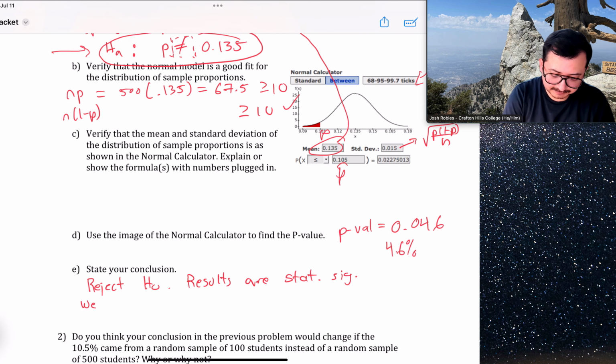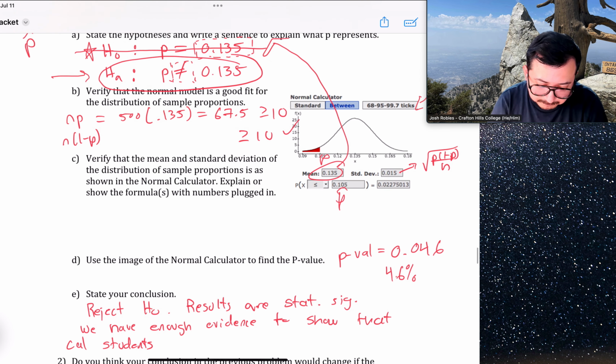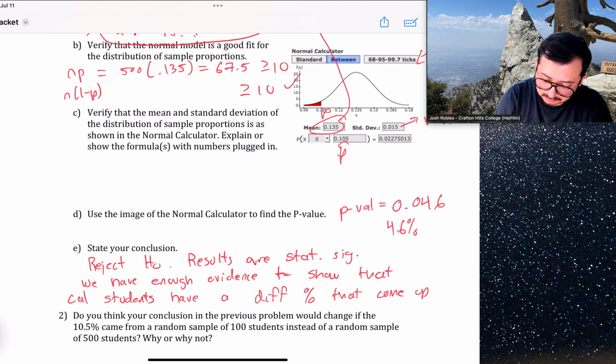So we have enough evidence to show that this was California this time, California students have a different percent from 13% that come unprepared.